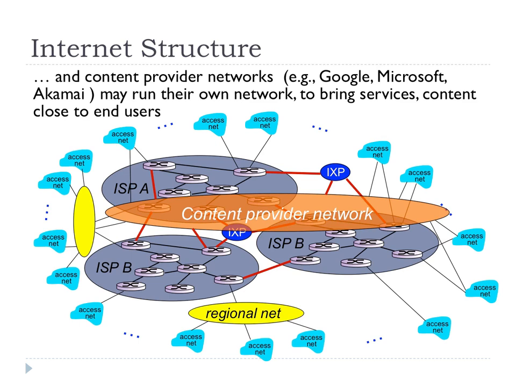And then lastly, there are these things called content provider networks. So these are some big companies like Google, Microsoft, Akamai, who run their own network. These companies are so big that they can run their own servers, and they can get their content closer to the users, so it's faster for the users, and also it's cheaper for these companies to run their own networks than to pay to connect to a tier 1 or tier 2 ISP.